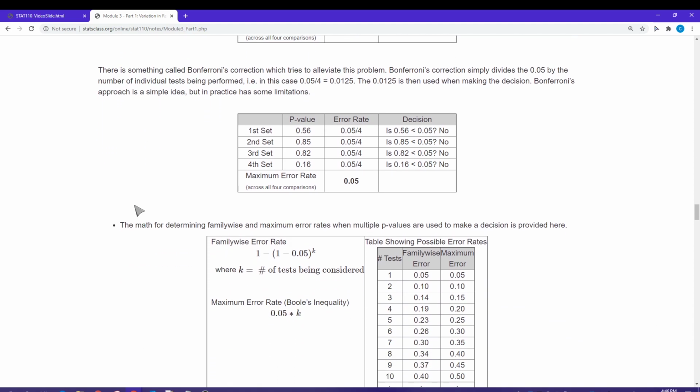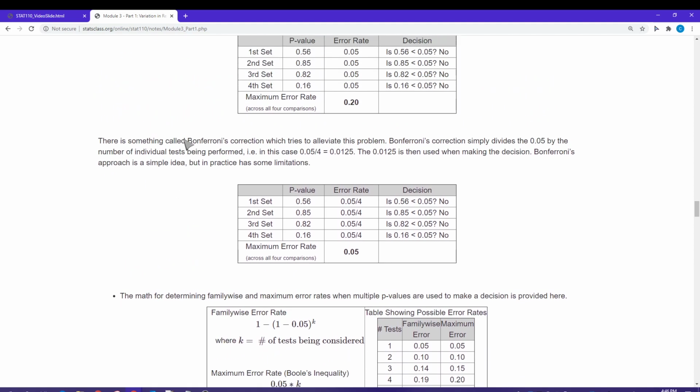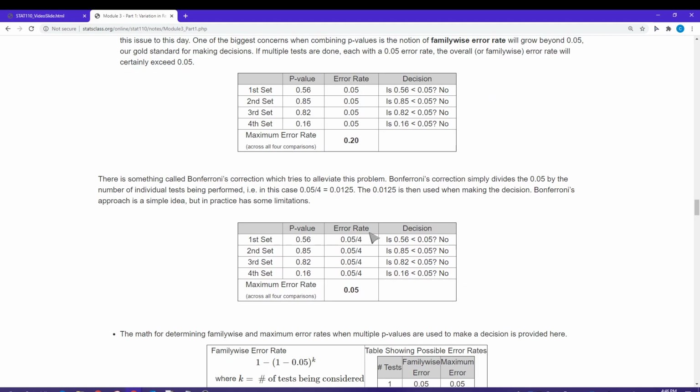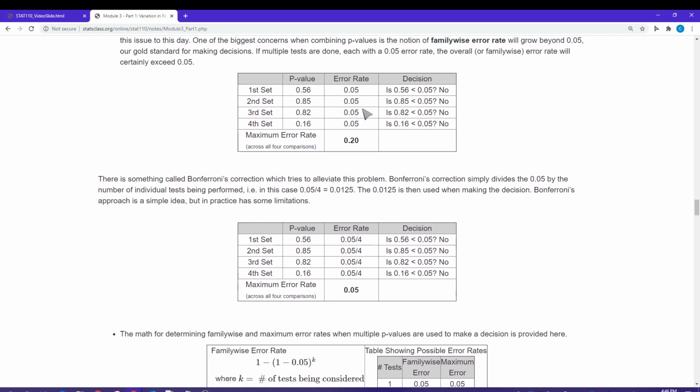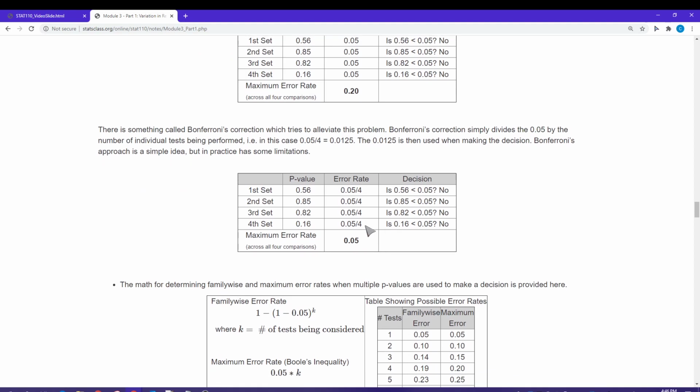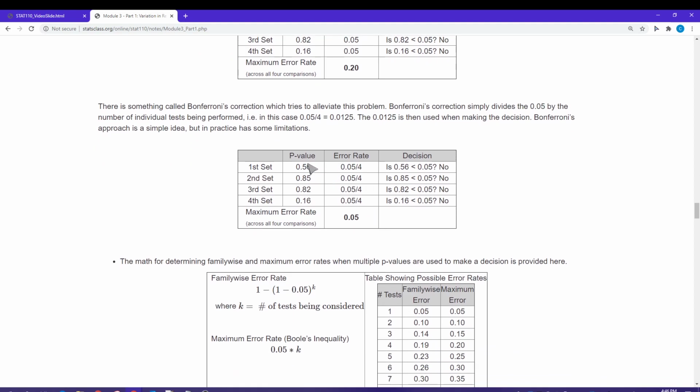Now there is a real simple idea to alleviate this problem, and this is called Bonferroni's correction. Bonferroni's correction says that instead of using 0.05, why don't we use 0.05 divided by 4? So we'd be comparing our 0.56 to this quantity.